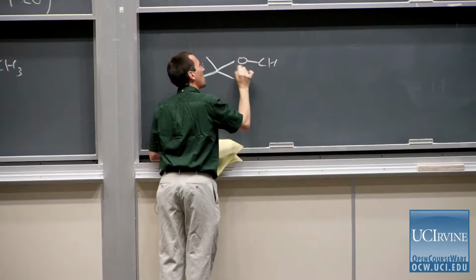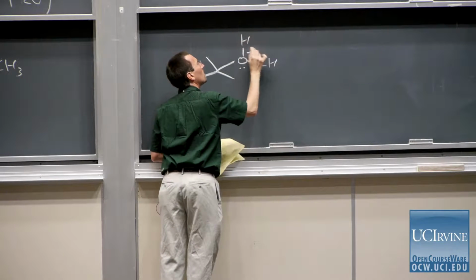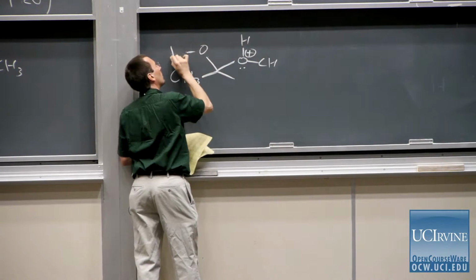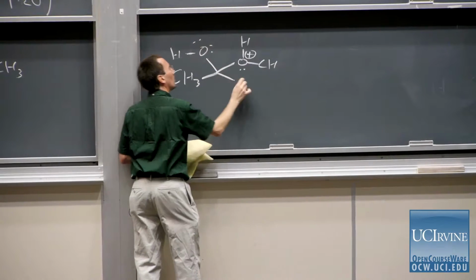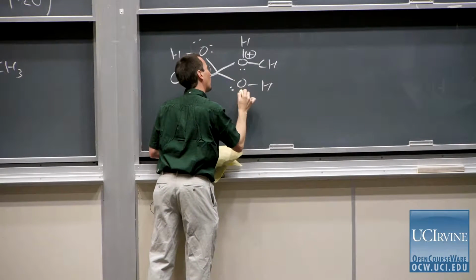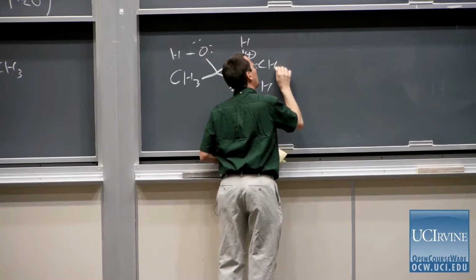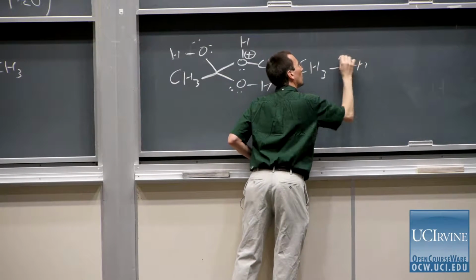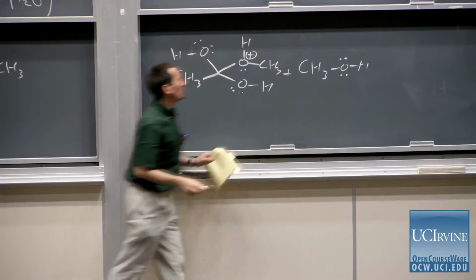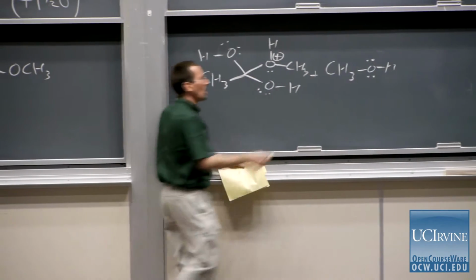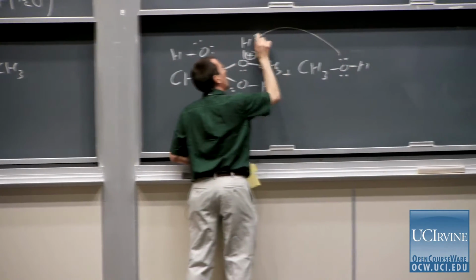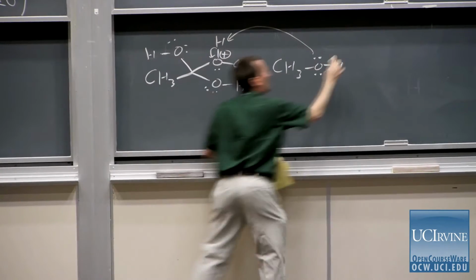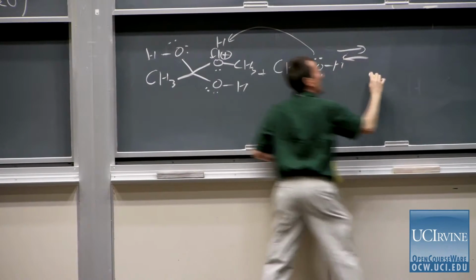And so in our equilibrium, we have lots and lots of methanol around. Protons flow on, protons flow off. I will draw a curved arrow representing the flow of electrons back to the methanol.